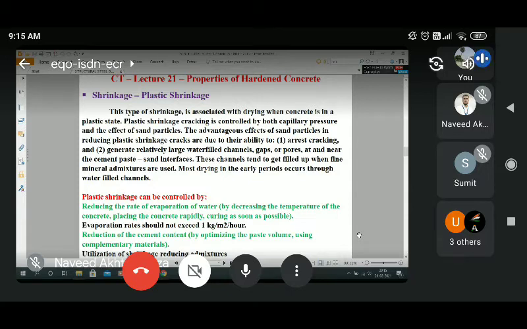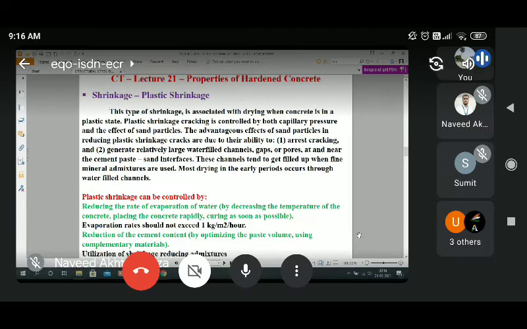Evaporation rate should not exceed 1 kg per meter square per hour. If your evaporation rate is less, we can control the volume stability of your paste, and we will avoid the shrinkage to some percentage.